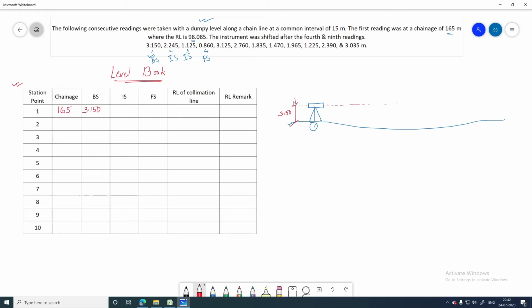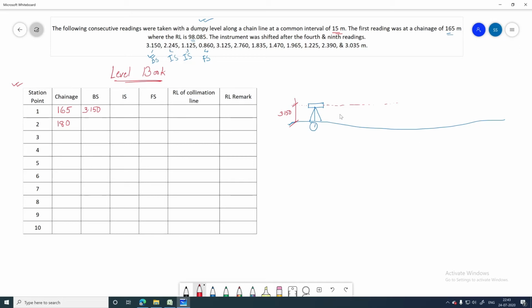Now what is the chainage at the second reading? Here it is given that the consecutive readings were taken with a dumpy level along a chain line at a common interval of 15 meter. So the next chainage will be 165 plus 15, that is 180, and at 180 the second reading is 2.245.